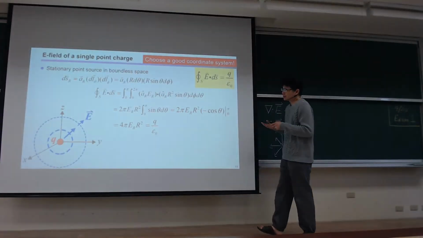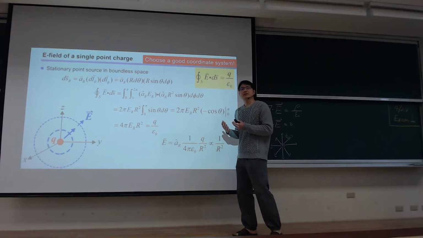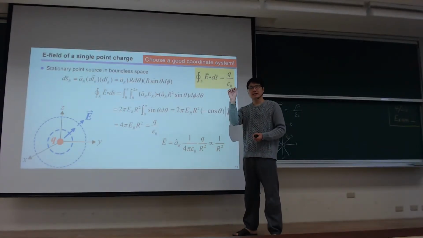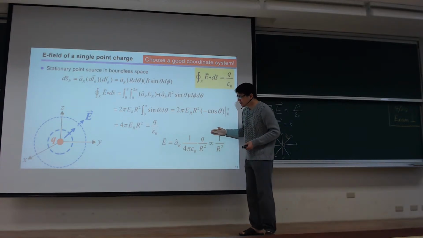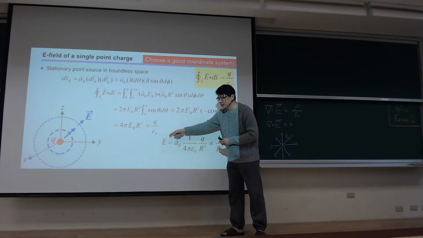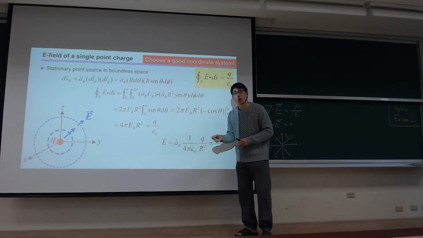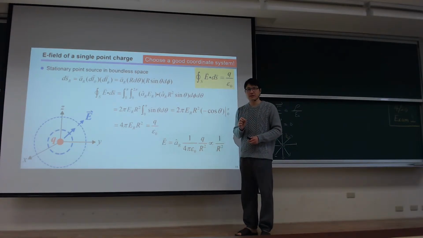So through this simple example, I'm showing you, based on the knowledge of the E field intensity distribution being radial, and that it's conserved, we now finally know the E field intensity of a single charge with a very nice and precise quantitative description.